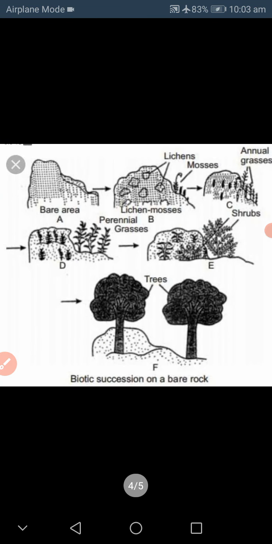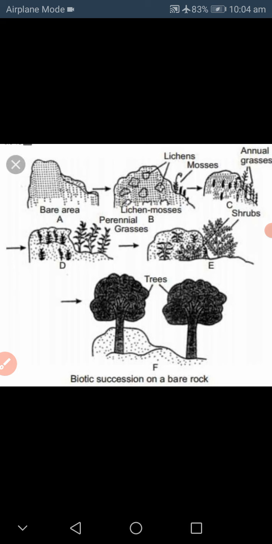This is the summary of the information. Here you can see the first one is the bare rocky substratum, and then that develops a lichen stage and moss stage. In the lichen stage we can see crustose lichen and then foliose lichen. Next comes the moss stage.